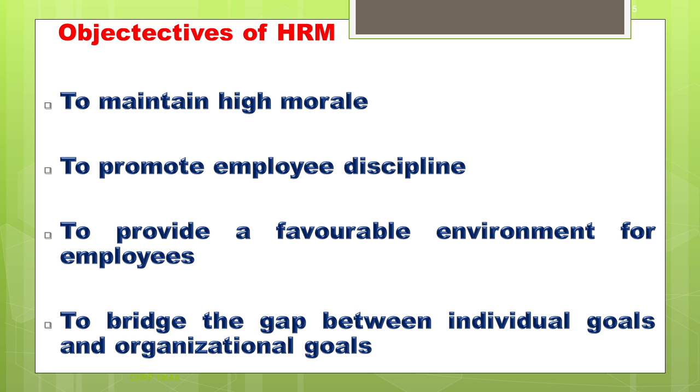At the same time, the organization has its own goals, and sometimes they can be conflicting. Like maybe the organizational goal is to maximize the profit, but on the other hand, the employee goal is to maximize the income. So you see one contradicts the other. So we are saying one of the objectives of human resource management is to bridge the gap between these two.